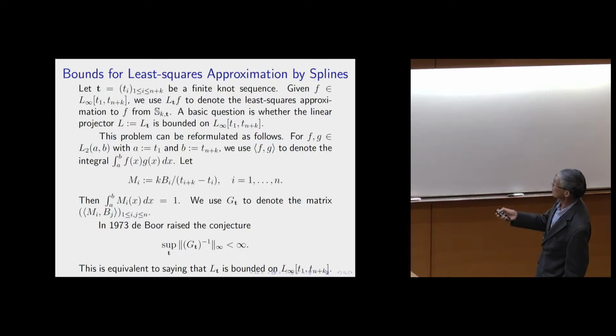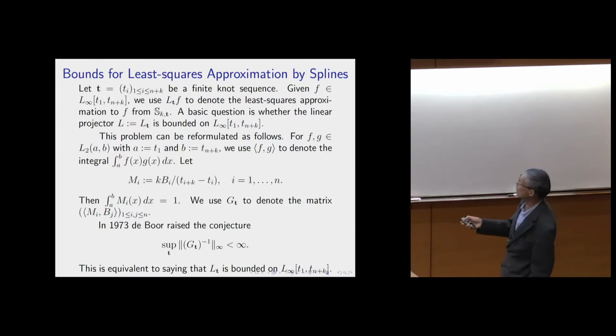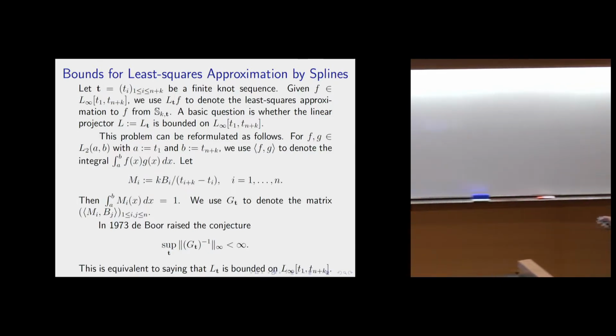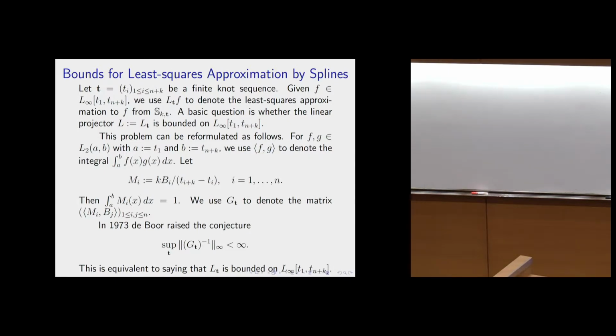This is equivalent to saying that the Gram matrix G_T, depending on the sequence T, where we write M_i as k times the B-spline divided by the length of the interval, then the inner products of M_i with B_j form a totally positive matrix.